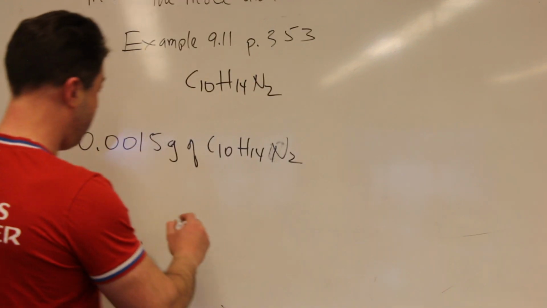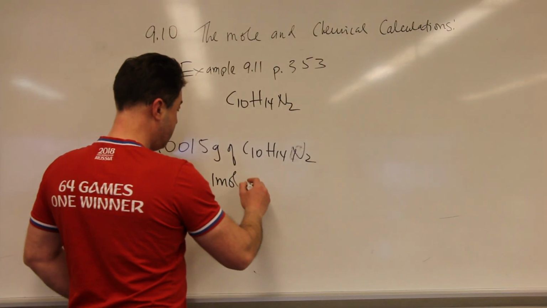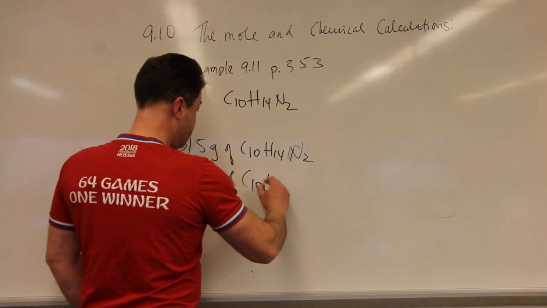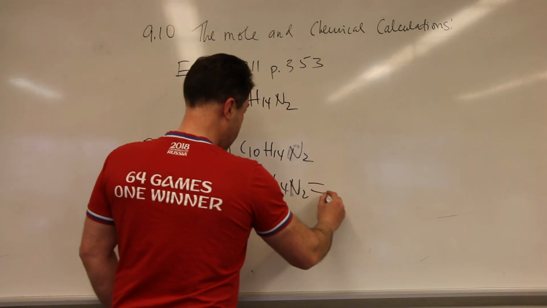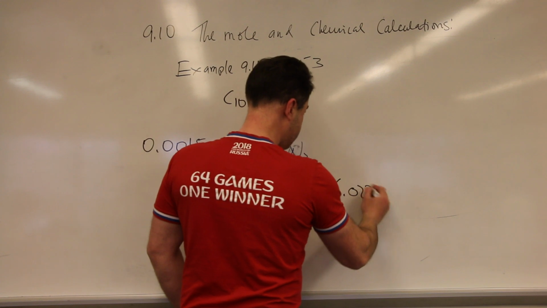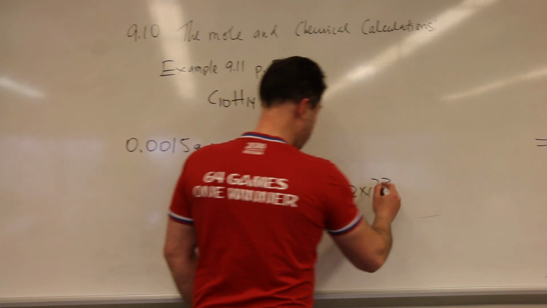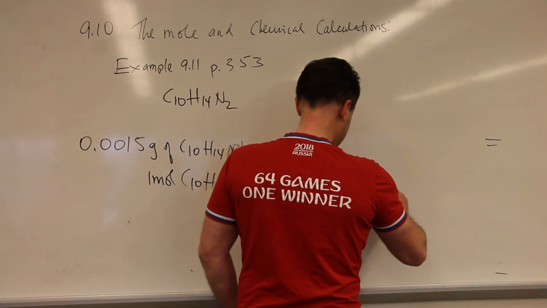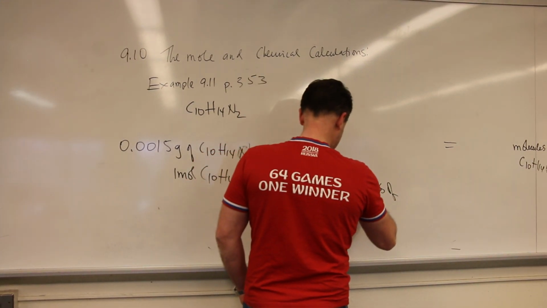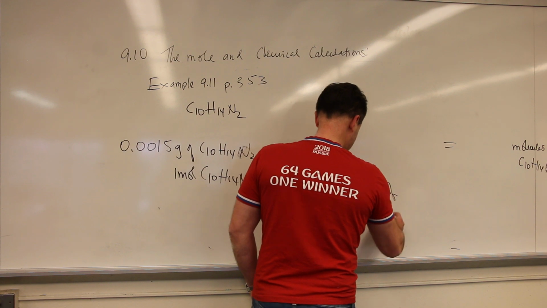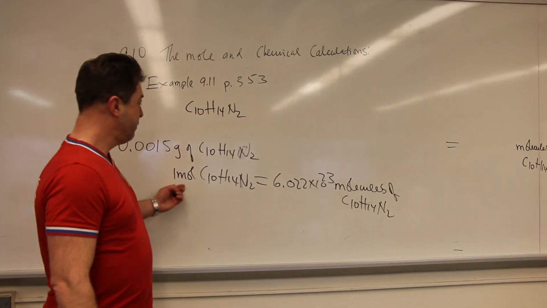Remember the mole: 1 mole of a substance, in this particular case nicotine, is Avogadro's number, 6.022 times 10 to the positive 23 molecules of nicotine, C10H14N2. That's one conversion factor for the mole.